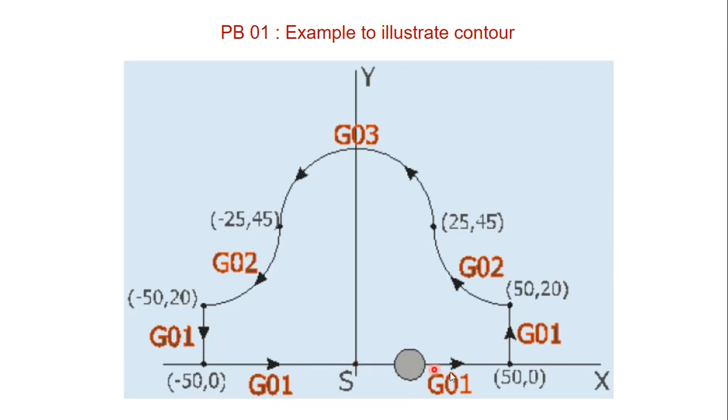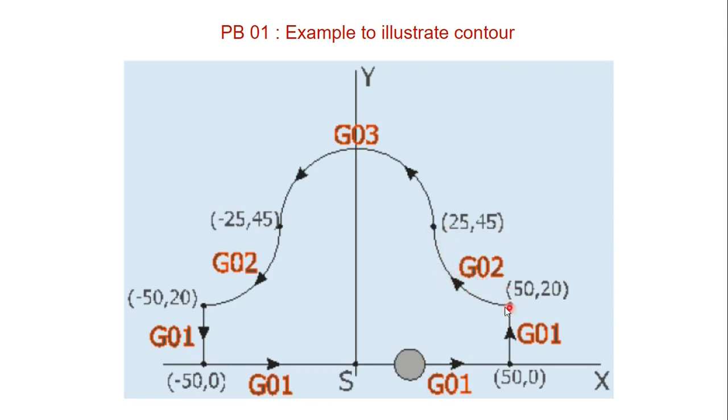Now you can see from S to this 50,0 there is a linear motion, so linear interpolation will happen. Whatever the milling operation will be, it will be linear. From here again linear. But from here there is a curve of radius 25. So you can see there is a radius of 25 here.